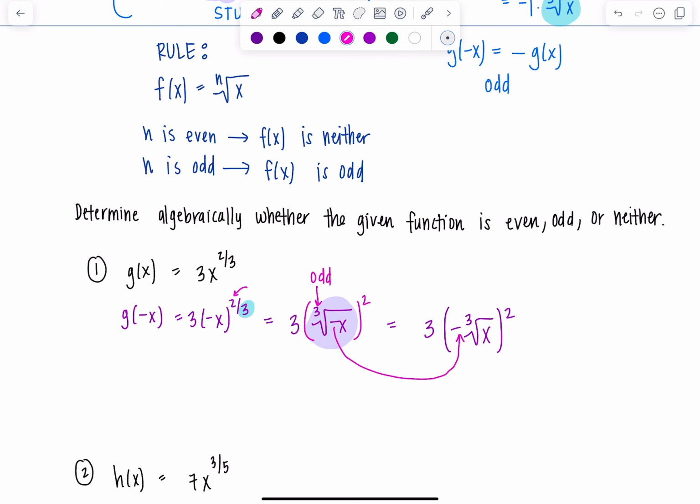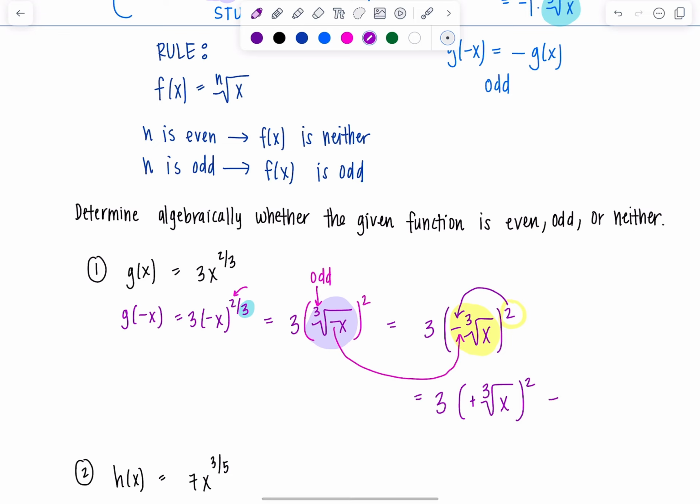Okay, now let's look at what to do from here. I have everything in the parentheses being raised to the 2nd power, so it's getting squared. So now I'm left with, let's just keep rewriting that 3 out in the front. And then I have this negative getting squared, which is going to make it positive. And then I have cube root of x squared.